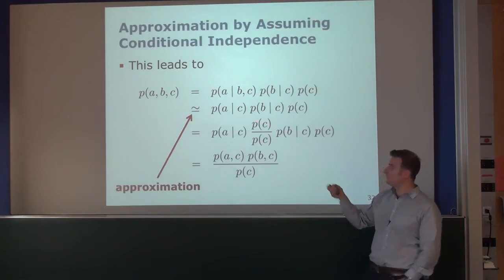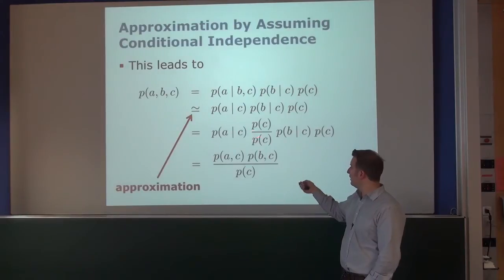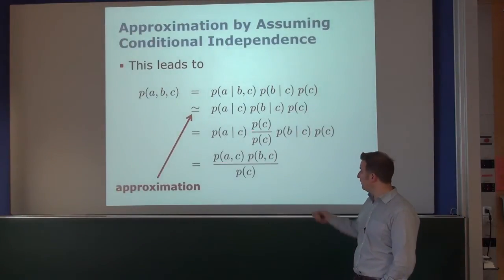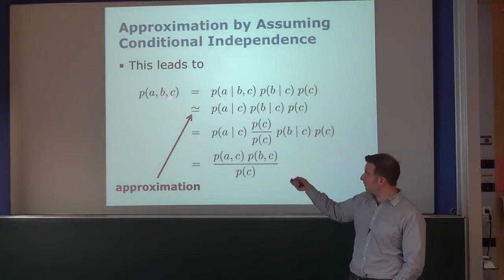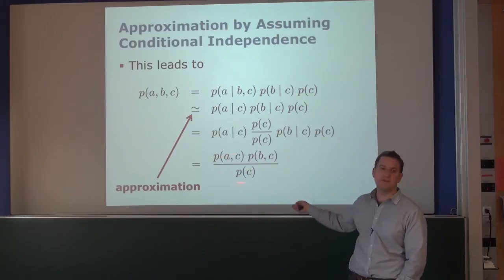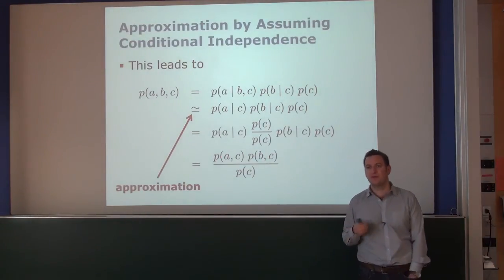And then this leads to P of A given C times P of C is P of A and C. And P of B given C times P of C is P of B and C. And then one term remains, P of C, in the denominator. So the approximation is to go from this belief, saying this belief is equal to this belief down here. This is what we do in the sparsification. This is the approximation that we do.